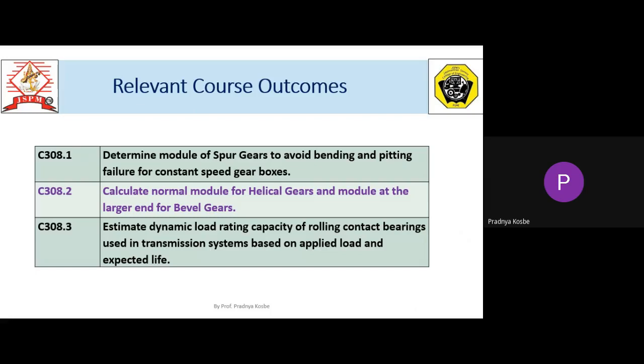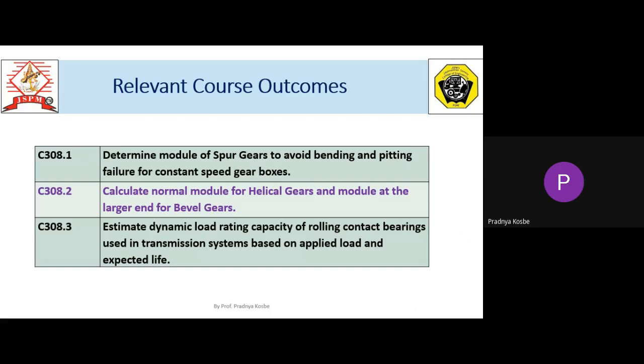Now, as it is a two-stage gearbox, speed gets reduced from high speed to low speed, right? Let us consider the speed is from 1400 rpm to 150 rpm. It is not possible to reduce the speed within a single stage, so here two stages are required.